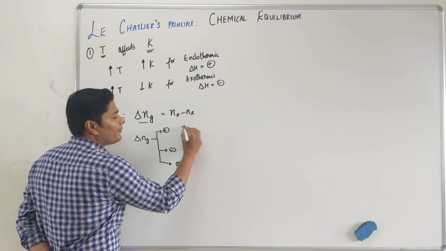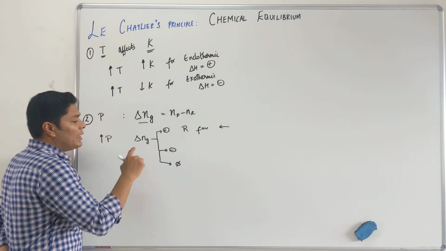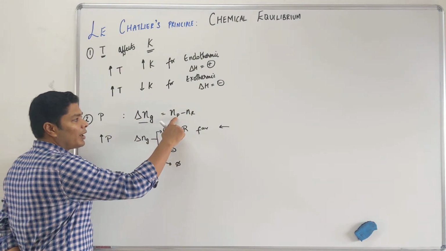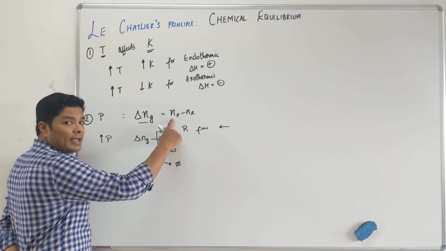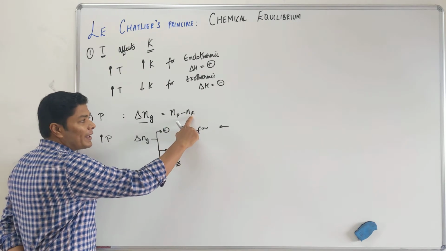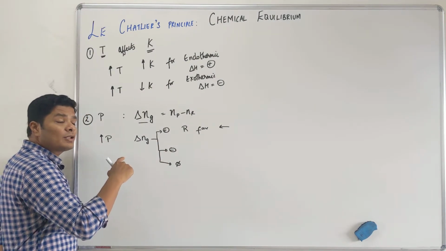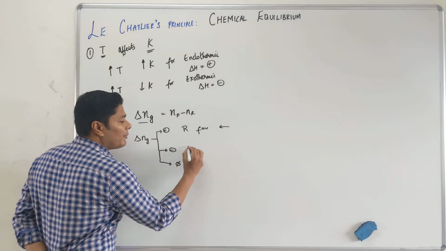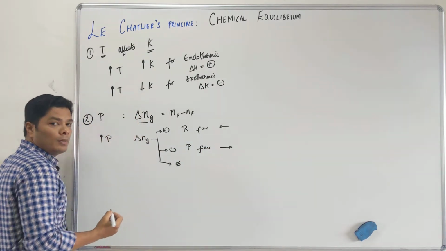So this will be reactant favored, meaning backward reaction. Del Ng negative, meaning product minus reactant is negative, means moles of gaseous reactant is more than gaseous products. So I have more reactants, and by increasing the pressure, which side has fewer moles? The product side. So I go to the product side. This is product favored.